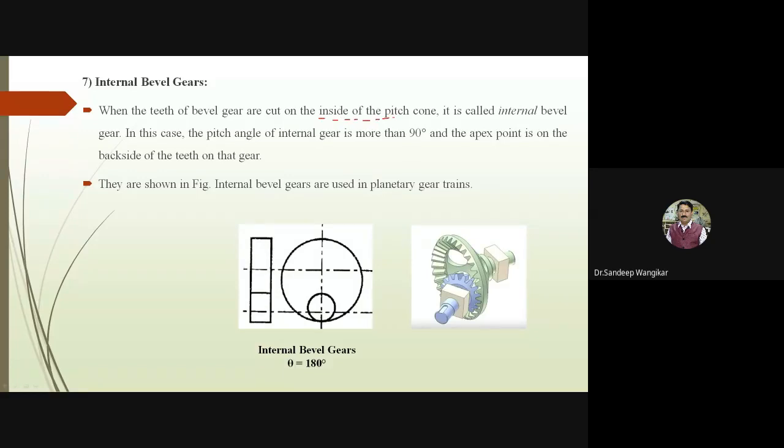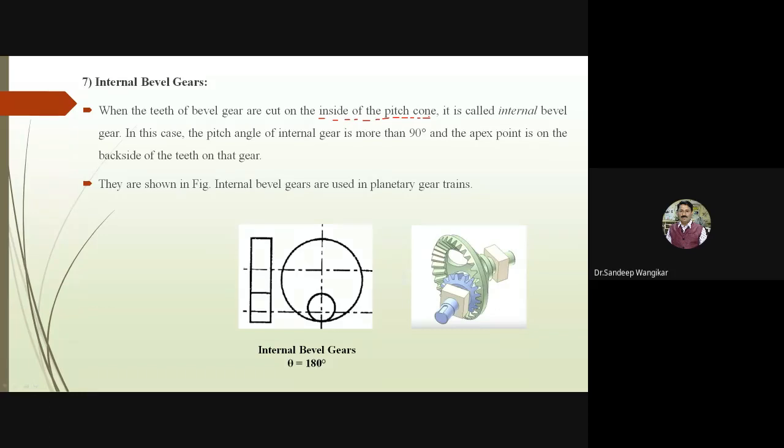When the same concept is applied to bevel gear, it is the internal bevel gear. We have seen the internal spur gear and its application. Here, it is the internal bevel gear when the teeth are cut on the inside of the pitch cone.